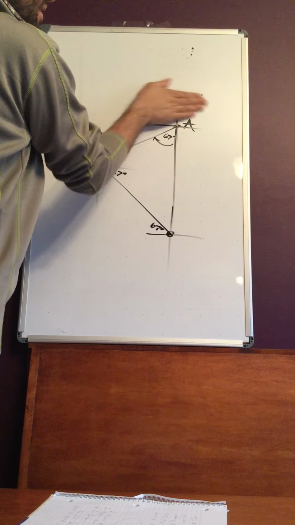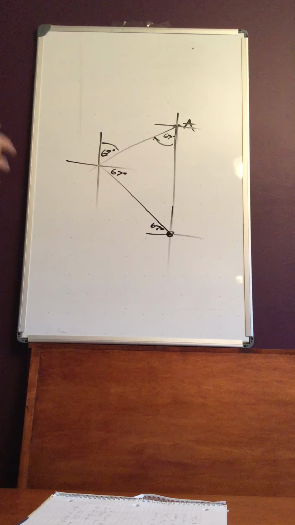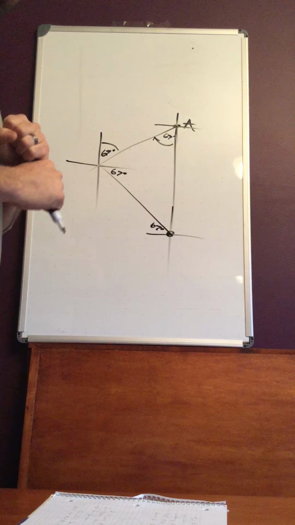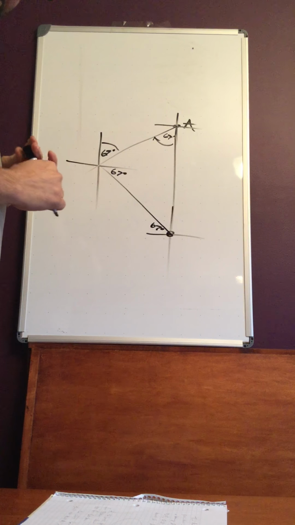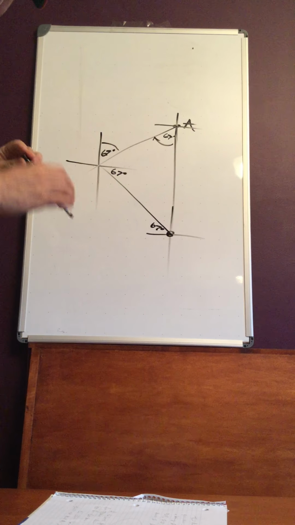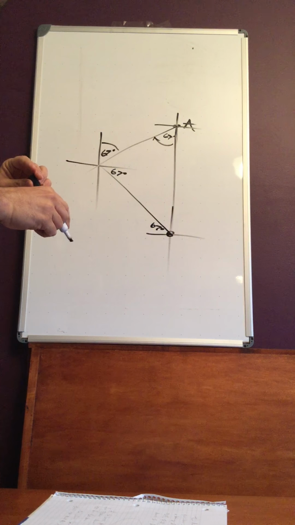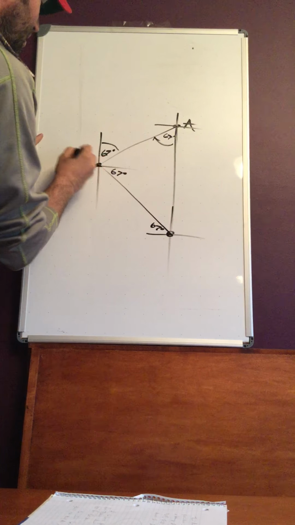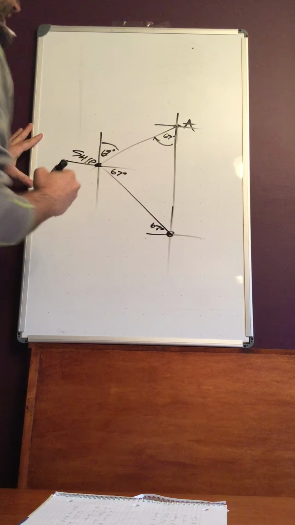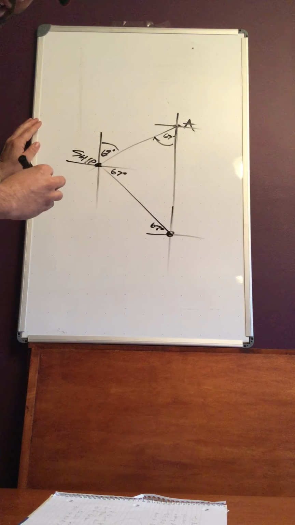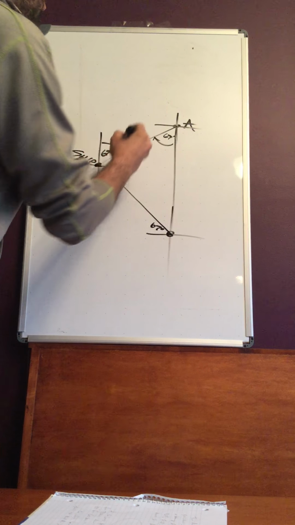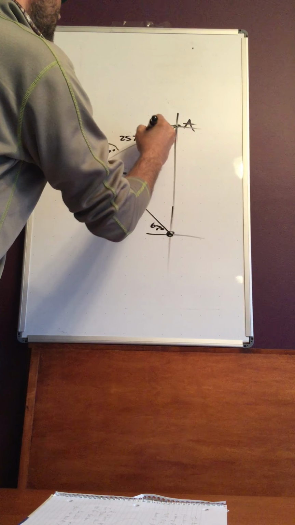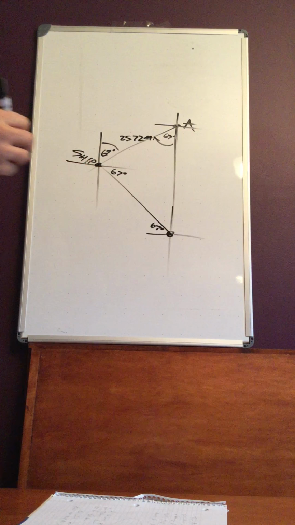We can ditch this picture now, okay? Now the question asks, find the distance between the towers if the distance from A to the ship is 2,572 meters. So we know that that guy is the ship, and we know that this line is 2,572 meters.